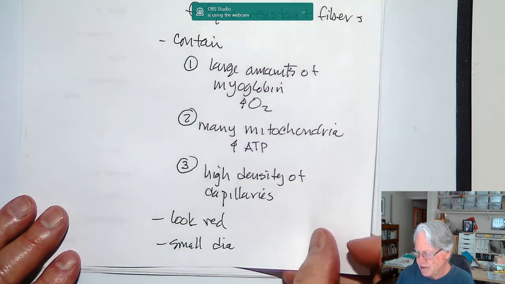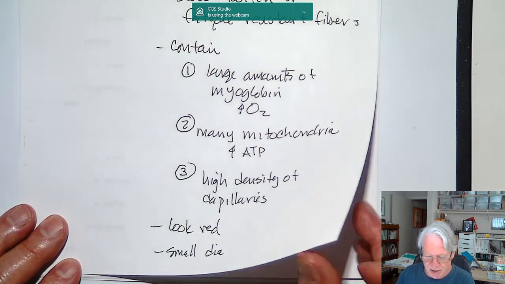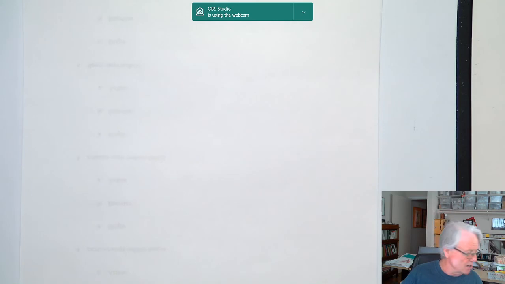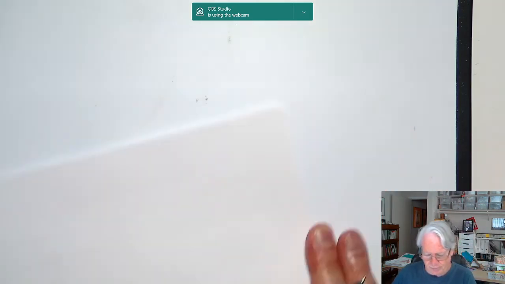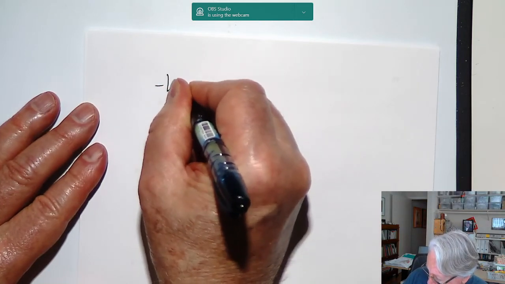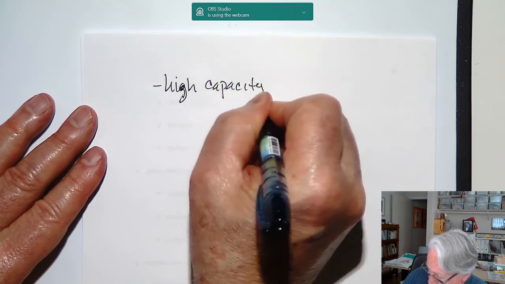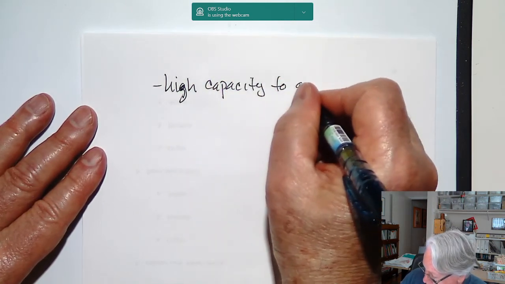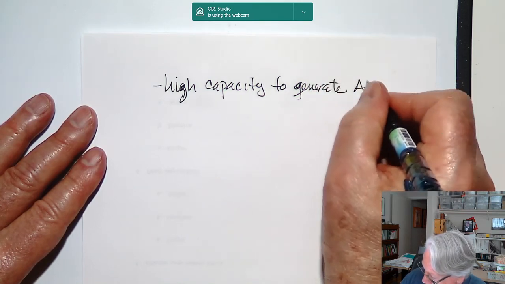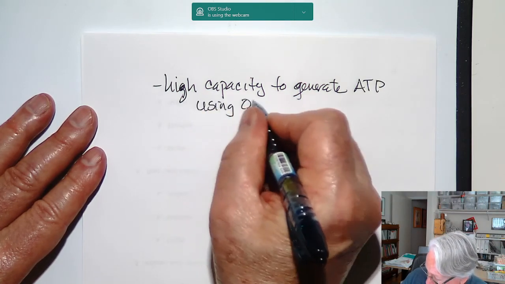But because of all of this, what they can do is they can generate a high capacity to generate ATP by the aerobic system. So they have a high capacity to generate ATP using oxygen.